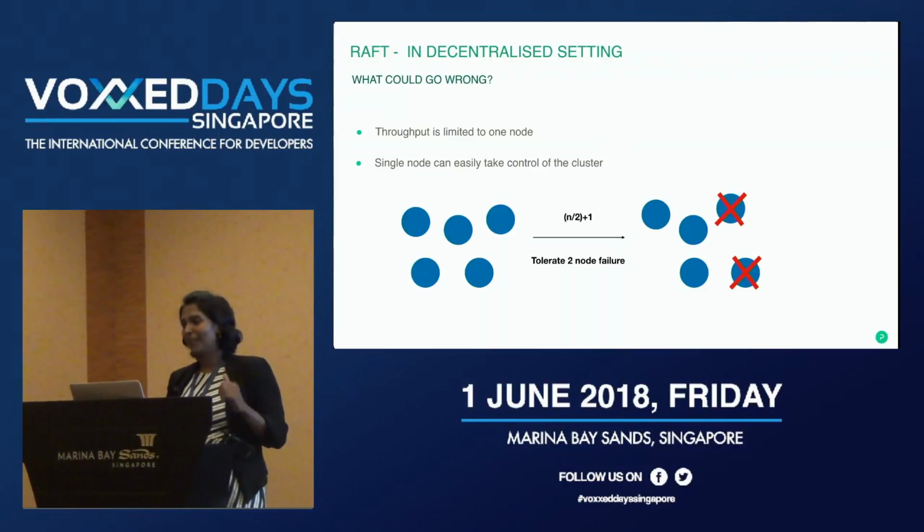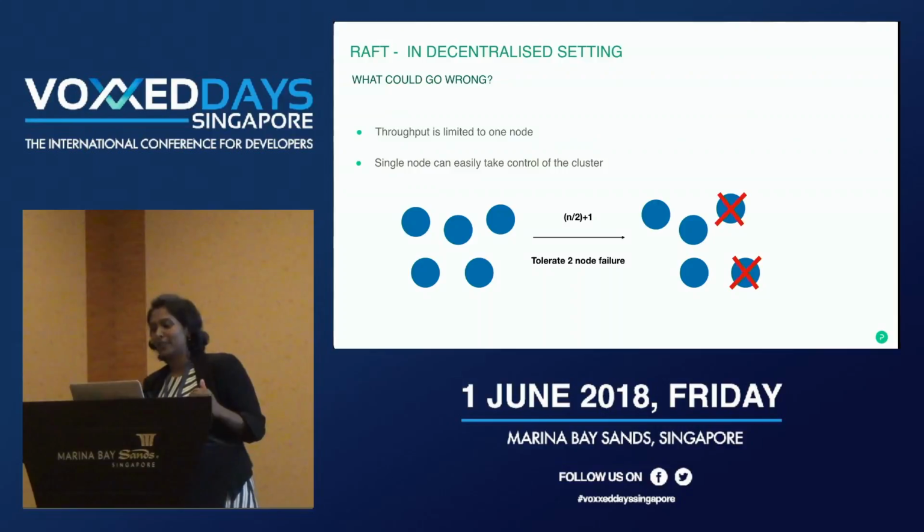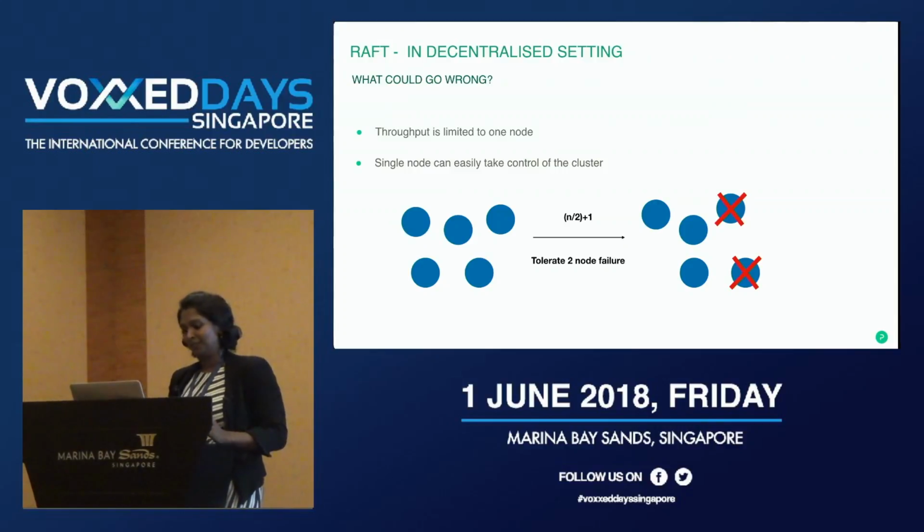One of the major disadvantages of this voting based algorithm in a decentralized setting is that it's susceptible to Sybil attack. So what is a Sybil attack? A single node can spin up thousands of nodes and break the consensus by scaling up to more than 1/3 of the network easily.